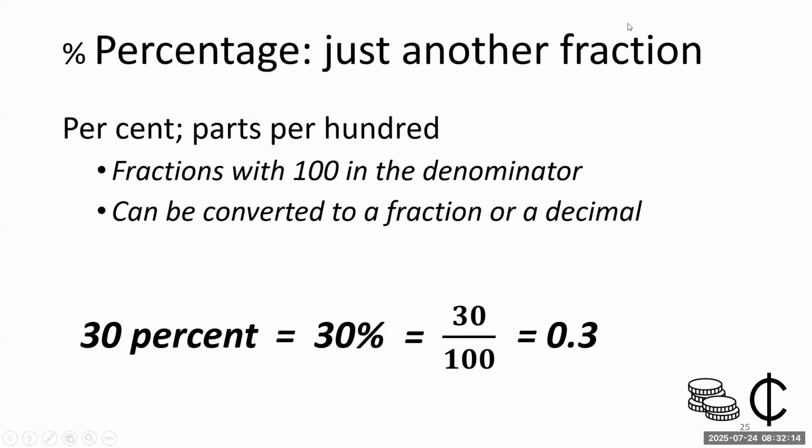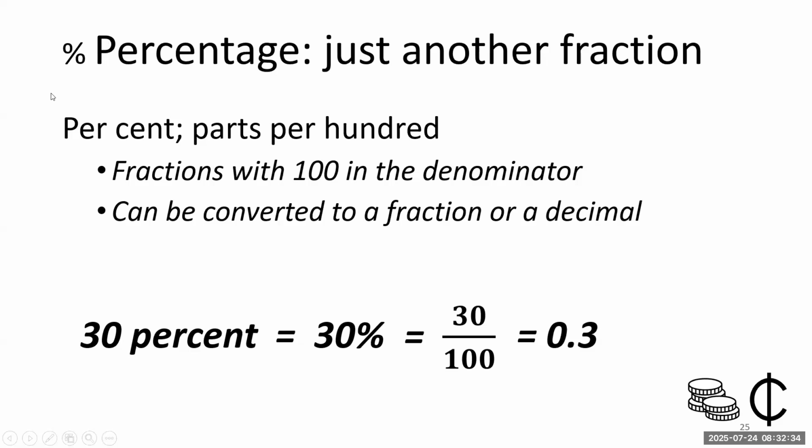And then if we think about percentages, they're really just another fraction. What that little percent sign means is that it's parts per 100. So these are all fractions with 100 in the denominator, or the bottom number, and they can all be converted to either a fraction or a decimal.